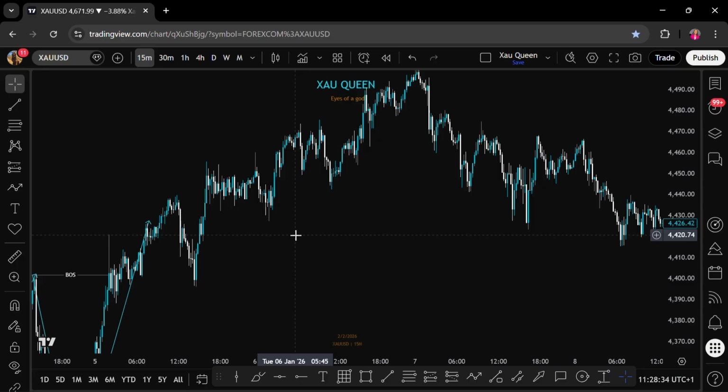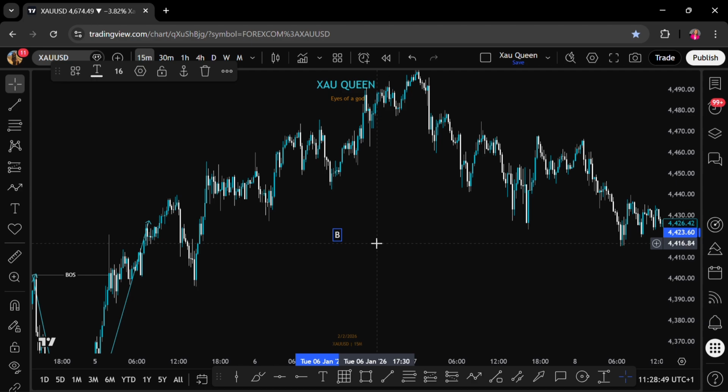And if your MSS did not happen from a zone you are expecting a reversal from, make sure you don't buy immediately or sell immediately. Wait for a valid break of structure. And I forgot to add this: BOS, we use it for trend continuation. Do you understand?